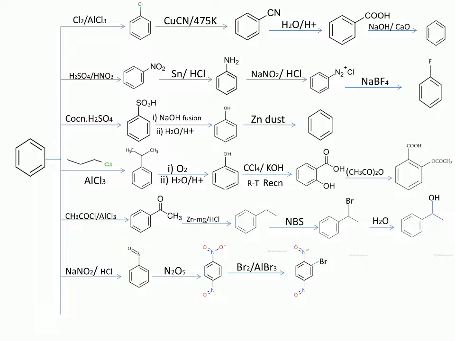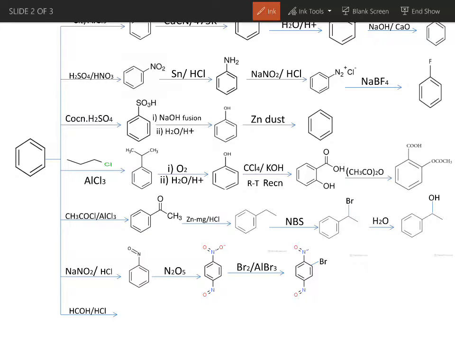Okay, one more reaction with benzene. Benzene is reacting with HCHO in the presence of acid, that is HCl. HCHO is written as H-C double bond O-H... that is, H-C double bond O with H. This is called formaldehyde.